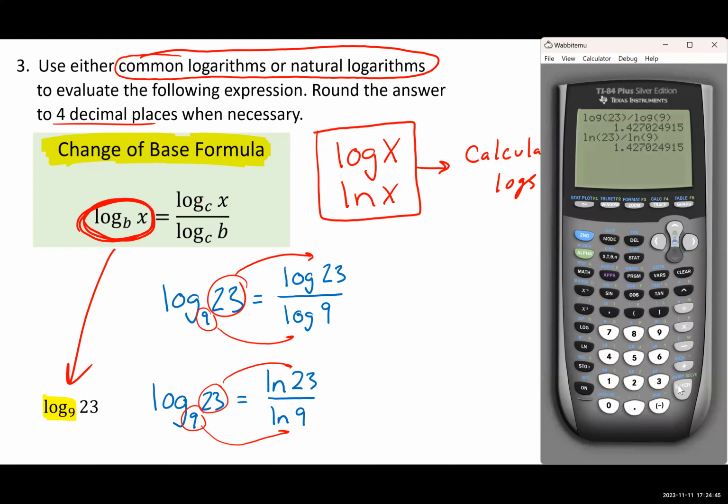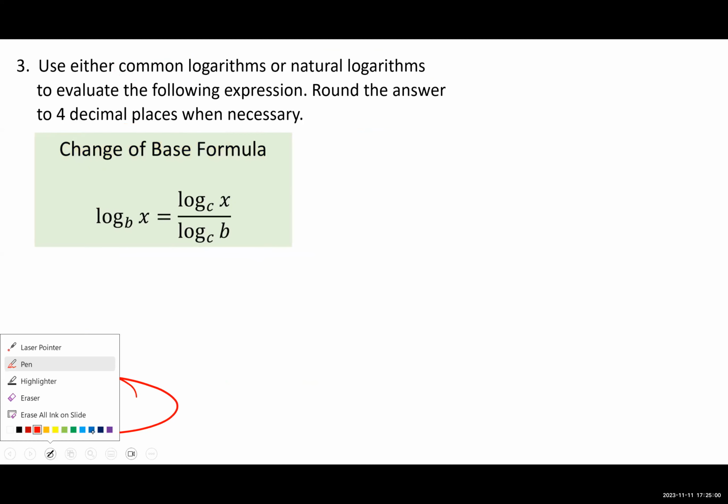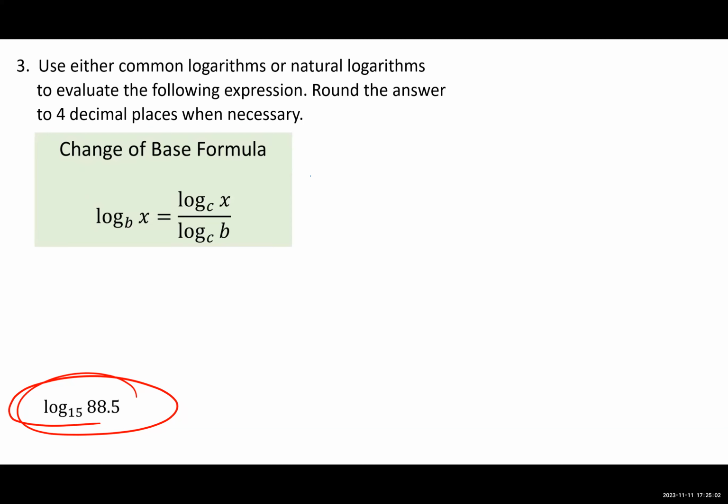One more problem. Let's do another one. The log base 15 of 88.5. You've got two options here. It's a really quick problem without all of my explanation and my lecturing.